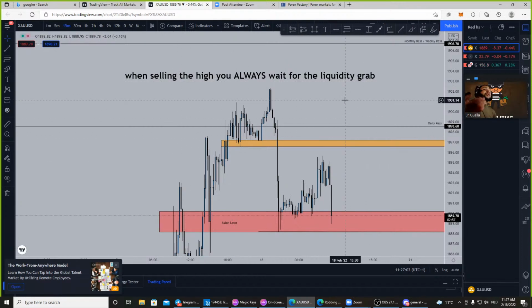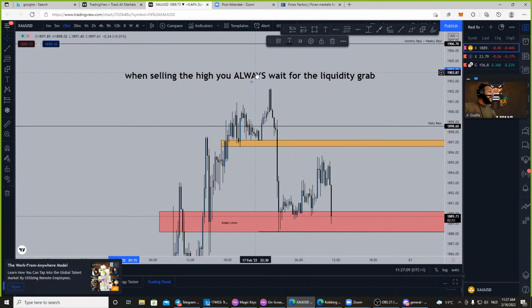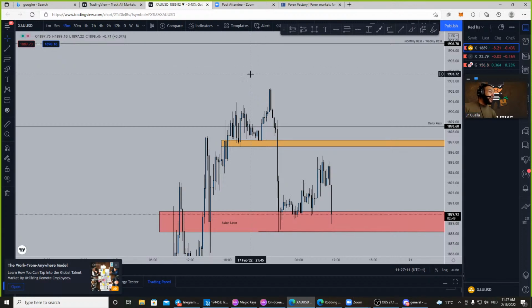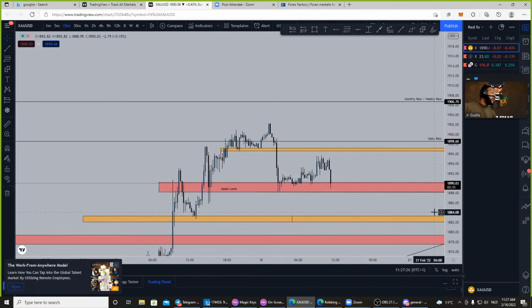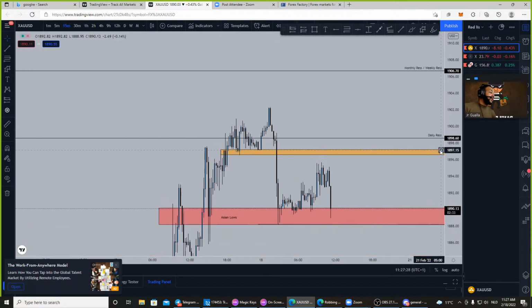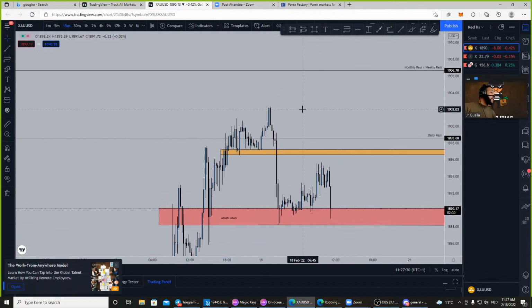The liquidity grab, the liquidity raid, whatever you want to call it. When you're selling high, you always wait for this. You always wait for price to bait you out. Price baits you out, grabs your stop loss, and then price goes the way you wanted. You always wait for the liquidity grab.